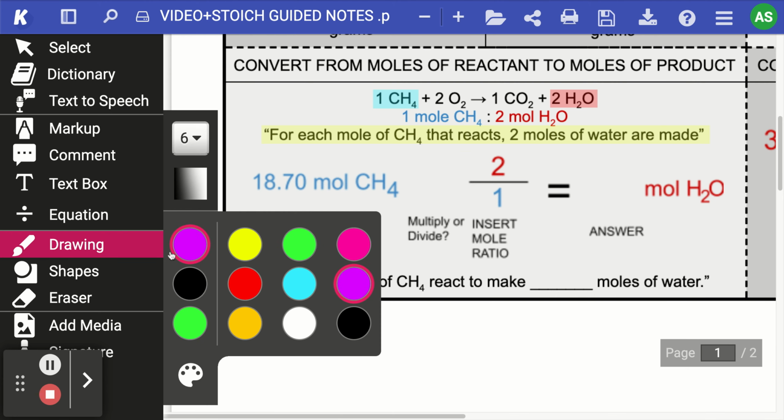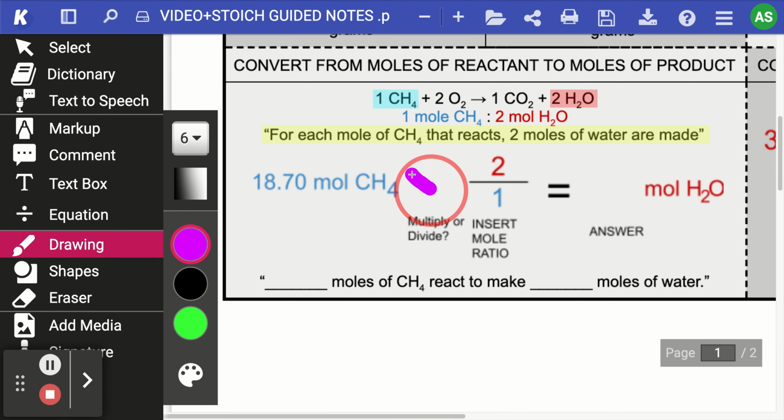Okay, so that means that I'm going to multiply this by 2. Now, a note here. Notice that I did 2 over 1. That's because my moles of methane are what I started with. So I put my 1 mole of methane on the bottom.